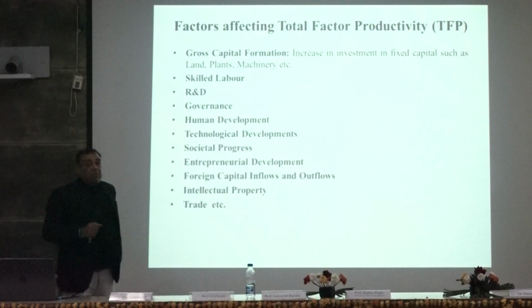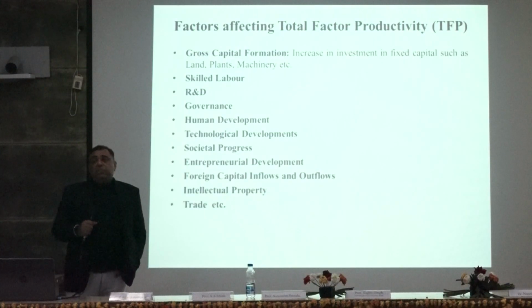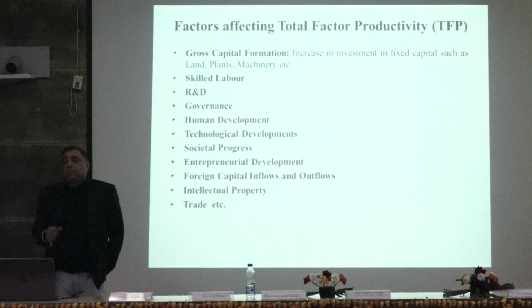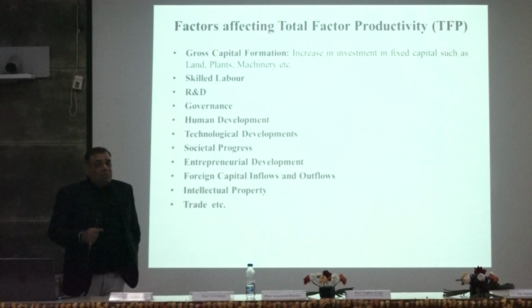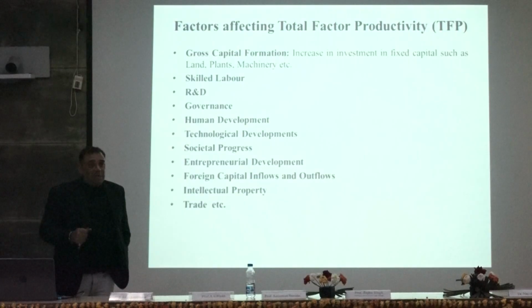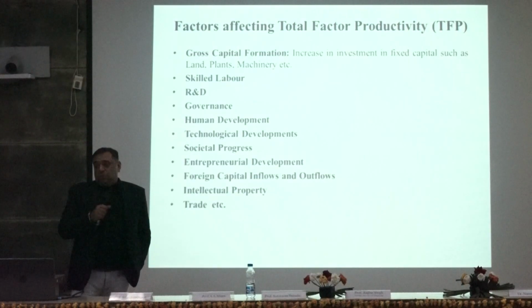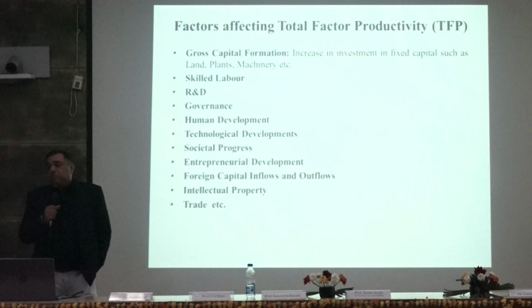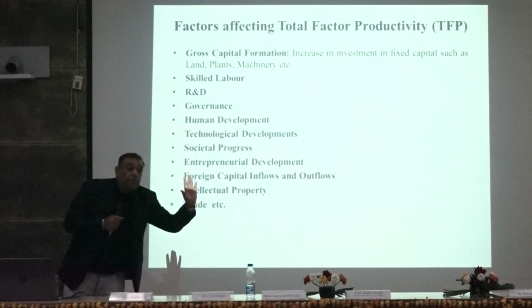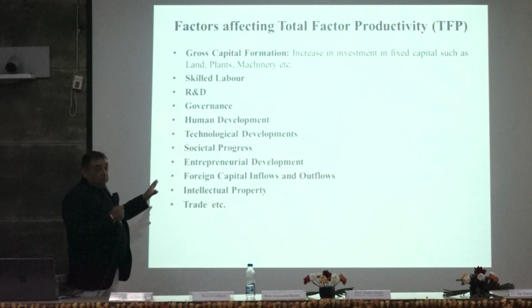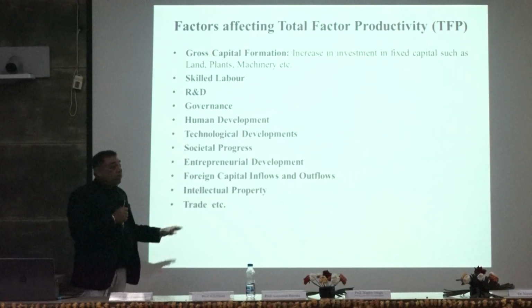Then governance. There are many governance indicators. Shifting to e-governance is good, but whether we are performing well there, we need to look. I will show you some international statistics also, then you will realize that we need to think here too, because if we want to increase total factor productivity, these are the factors from the literature review.